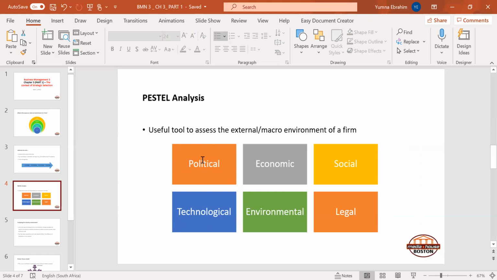So what factors in the political, economic, social, etc. environments can impact it? Name the factors as well as how they will affect the firm. So please do come prepared. This will be very good practice for your F1 because you are required to do a PESTEL analysis.